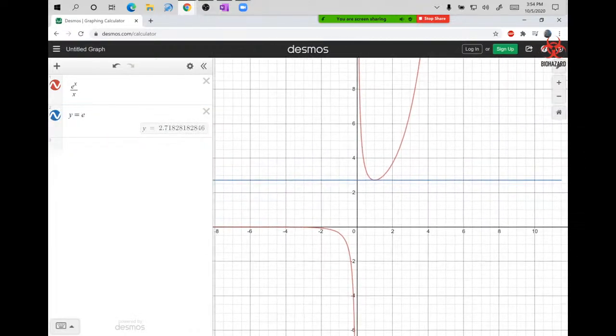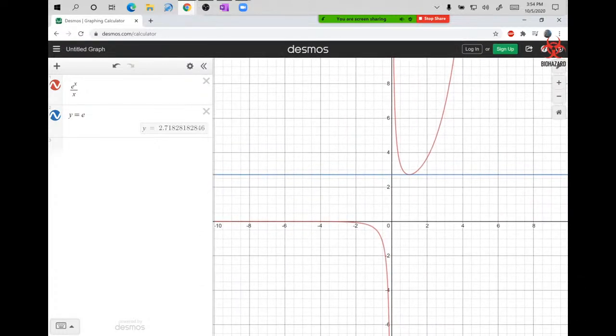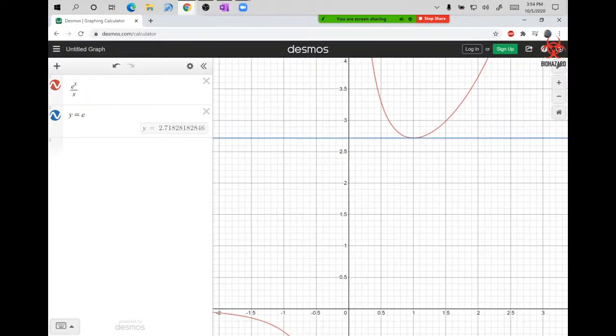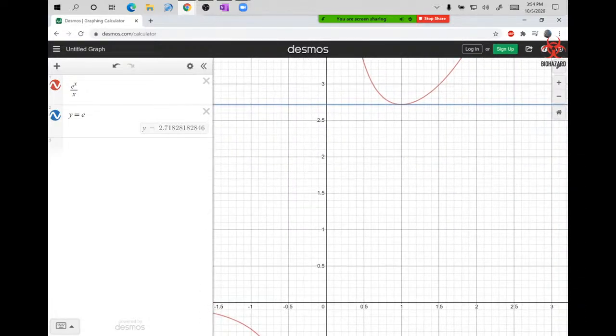And as you can see, the red one, color-coded red on the side, is our function. And you see that exactly at x equals 1, you go up, you have your point, and they give you also on the side 2.71828.